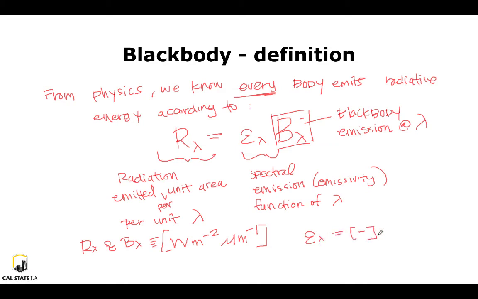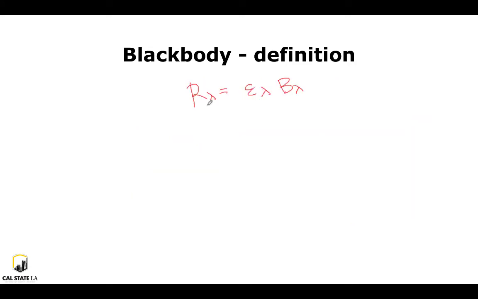It's going to be unitless. Now I want to explain what these two entities are in greater detail. What this equation represents is that this emissivity is going to range from 0 to 1, so it's going to be some fraction.